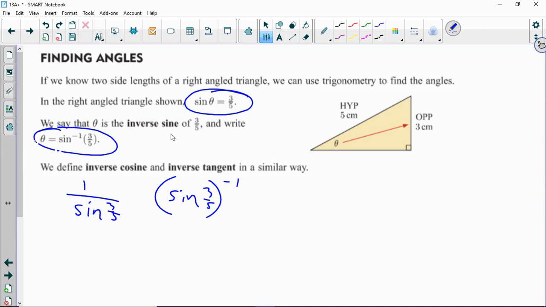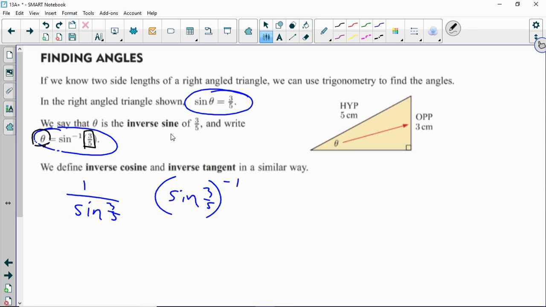But when we see that -1 here, next to the sine, in between the sine and the 3/5, I need you to interpret that as the inverse sine. And all that means is it tells us the angle whose sine is equal to 3/5.